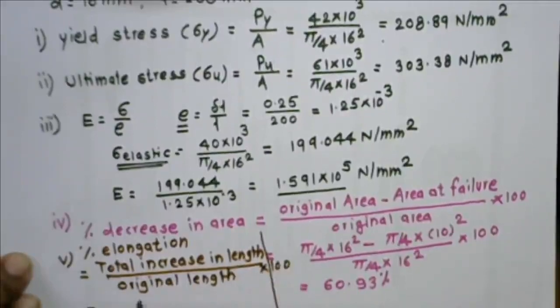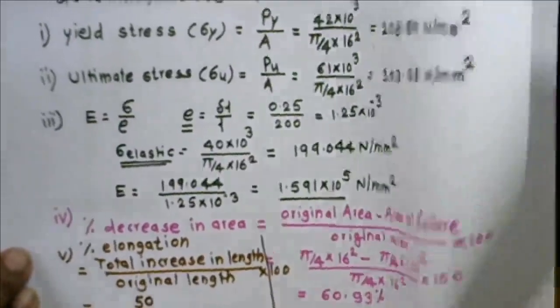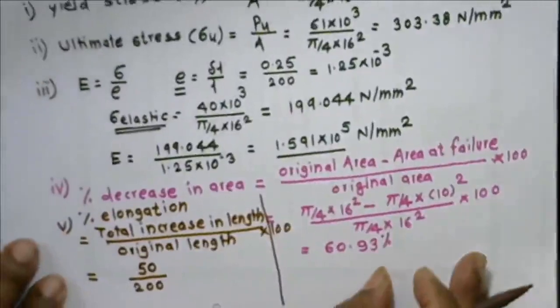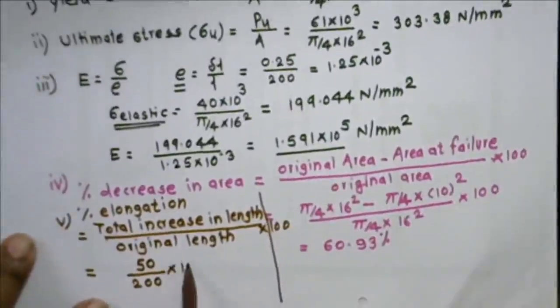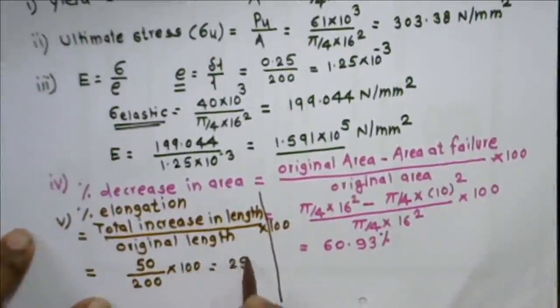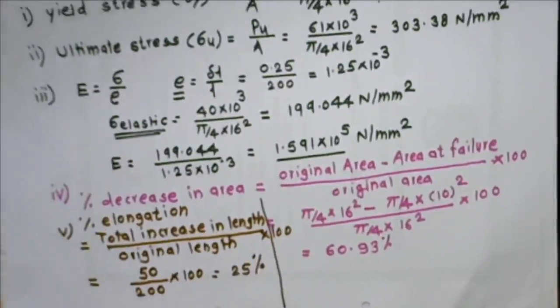It is given that the total increase in length is 50 mm, and the original length is given as 200. So 50 upon 200 into 100 gives 25%, which is the percentage elongation of the bar during this test.